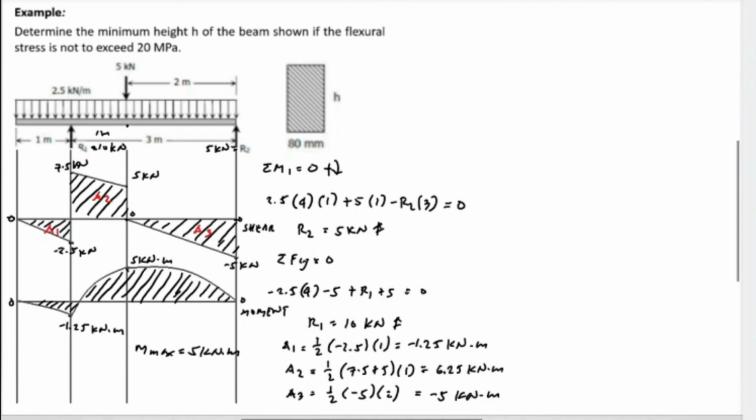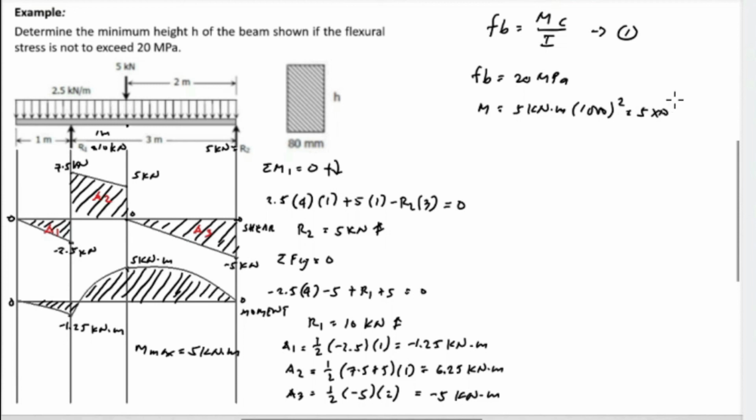We need to find the value for H using flexural stress formula. So FB is equals to MC over I, and this will be equation 1. So we have the value for FB, which is 20 megapascal, M, which is the maximum moment, or 5 kilonewton meter, and we convert that to Newton millimeter by multiplying 1000 squared, or this will be 5 times 10 to the power 6 Newton millimeter.